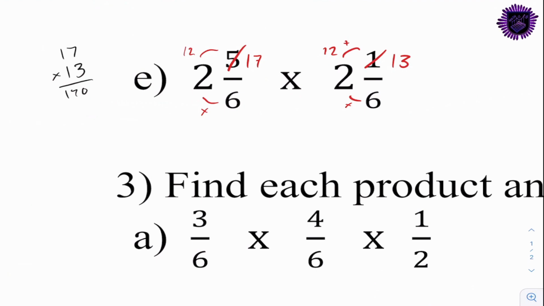Oopsies. 17 times 3 is 21, 30, 51, plus 170, 221. 221.